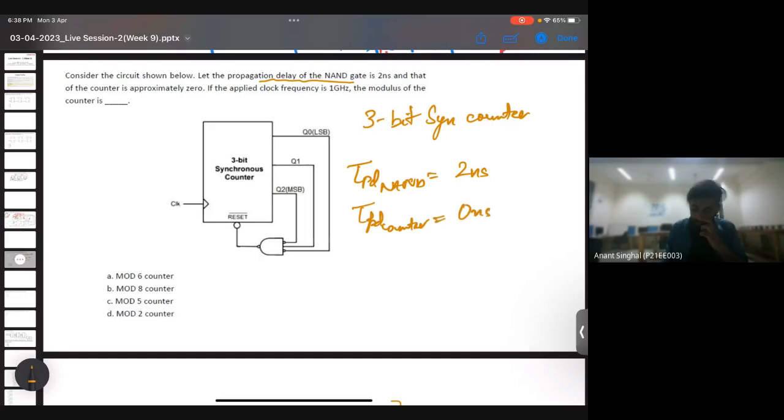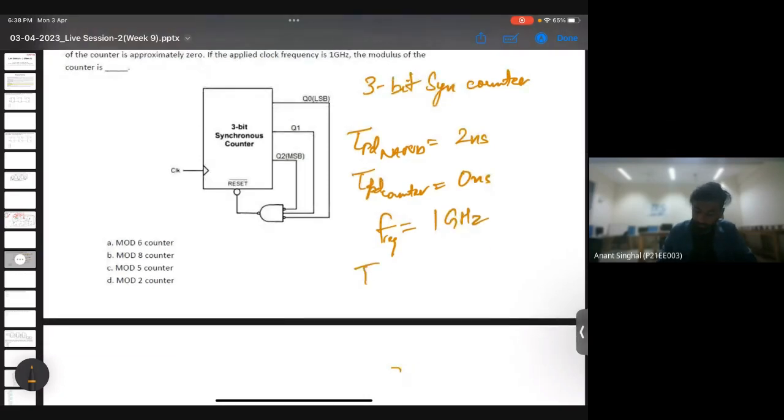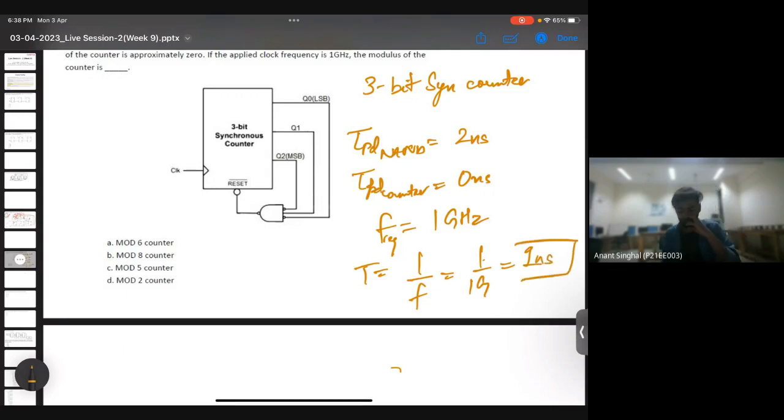So it is an ideal counter, and the frequency is given as 1 gigahertz. From the frequency, we can calculate the time period, which is 1 upon frequency. So it will be 1 upon 1 gigahertz, which is 1 nanosecond. Is it fine till here?